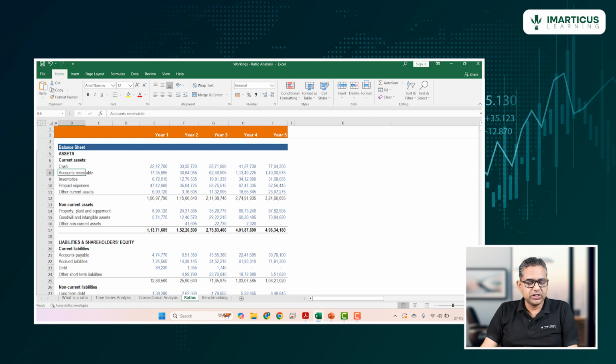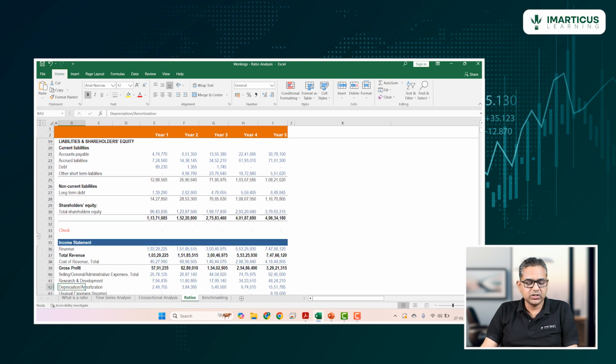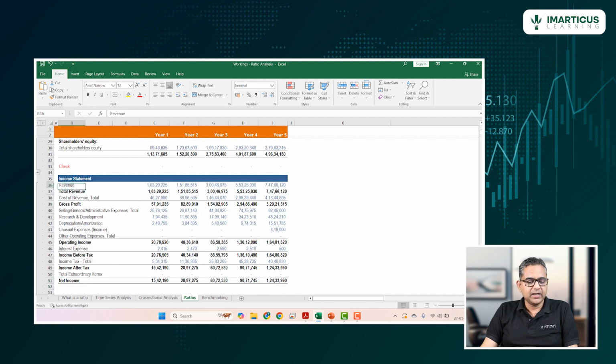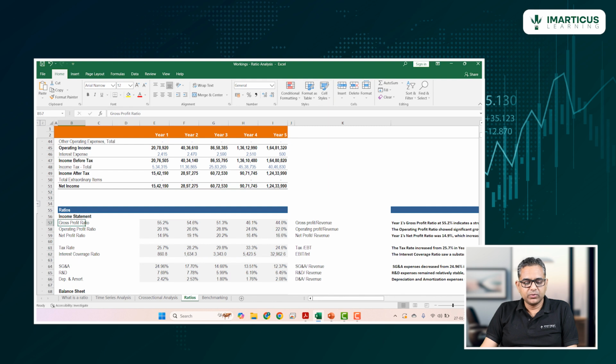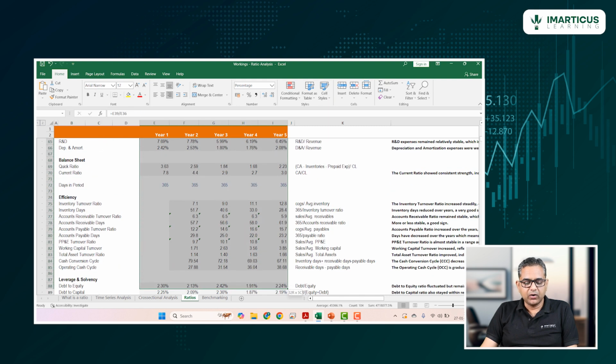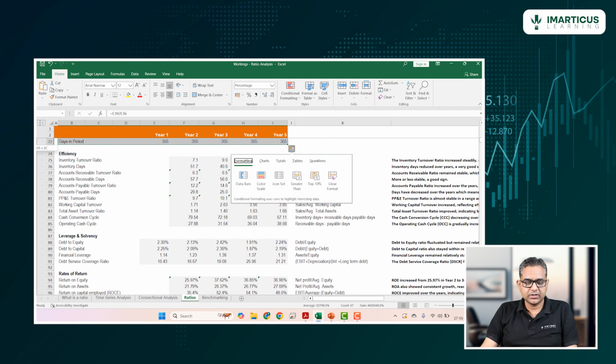First, we have the balance sheet data: current assets, non-current assets, current liabilities, non-current liabilities, and total shareholders equity. And then we have income statement data in which we have revenue, expenses, and profits. So what we are going to do here is look at how we calculate ratios.